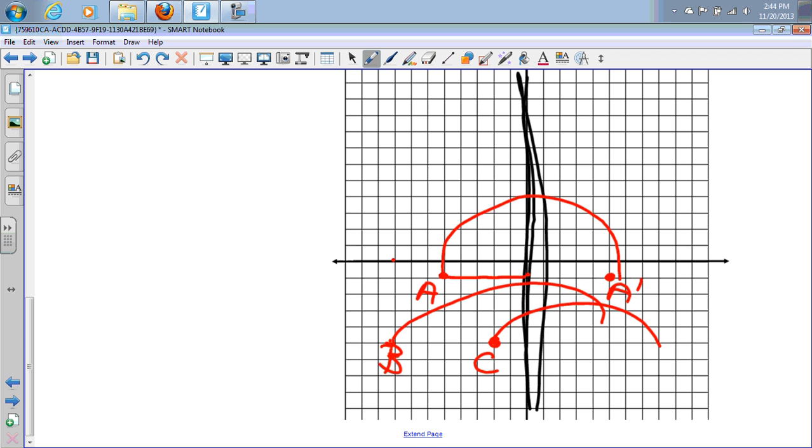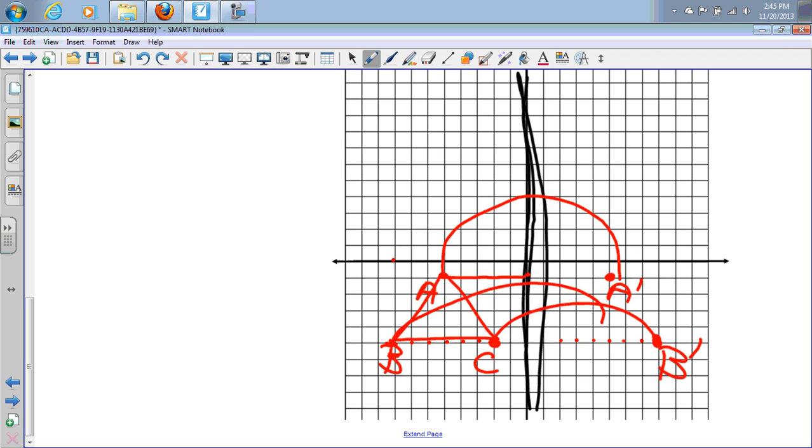Okay, so B is 1, 2, 3, 4, 5, 6, 7, 8. So I go to the y-axis, and I go 1, 2, 3, 4, 5, 6, 7, 8. And that becomes B prime. I could make this a triangle here.